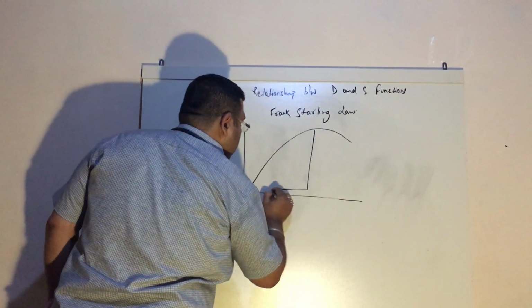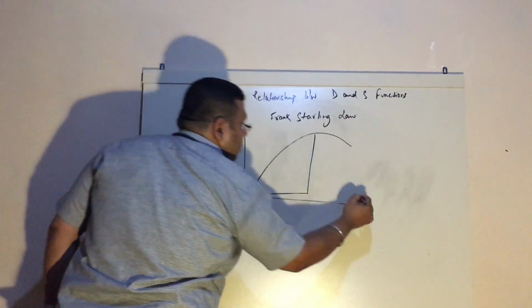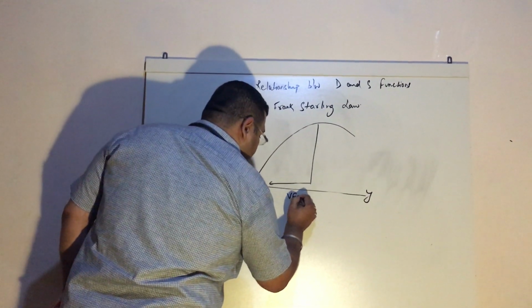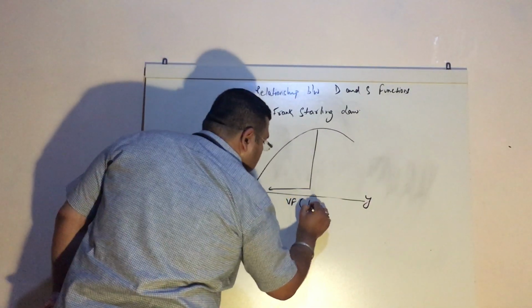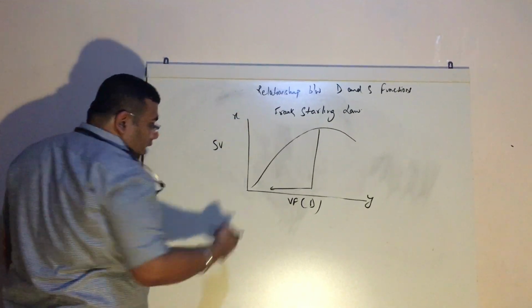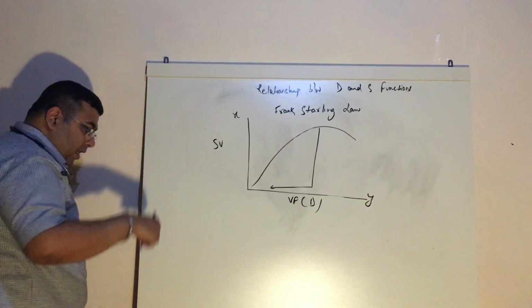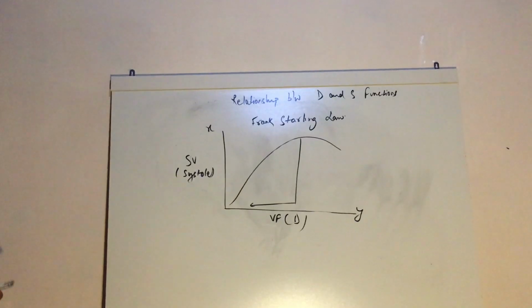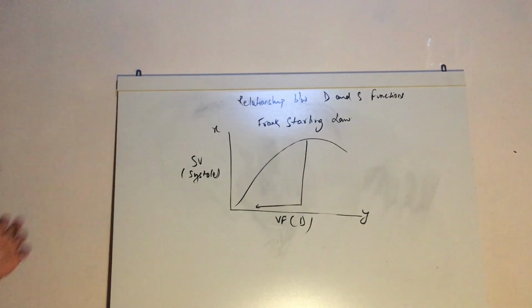A graph is like this, right? And this is our x-axis, this is our y-axis. The y-axis is the ventricle filling, which is diastole, and the x-axis is the stroke volume, which is basically systole.